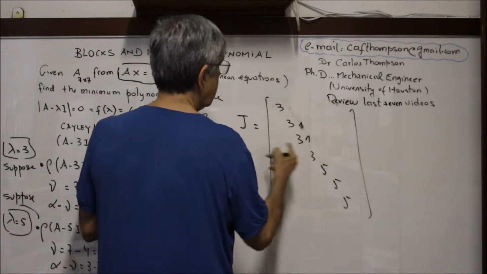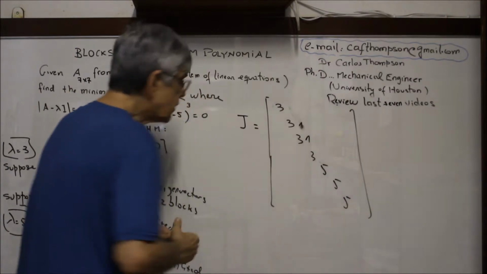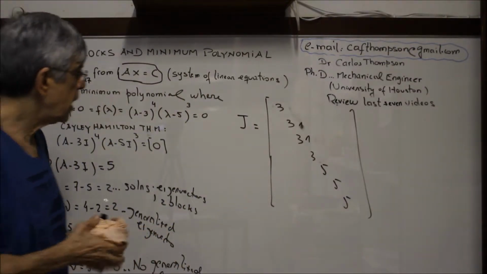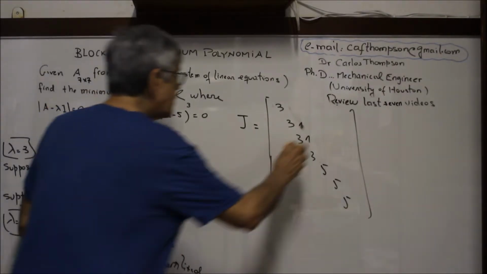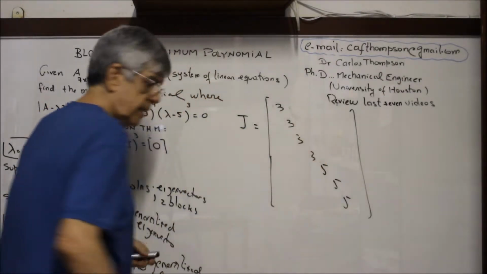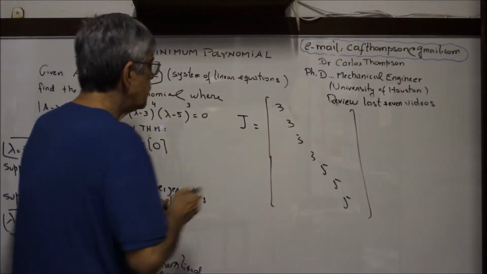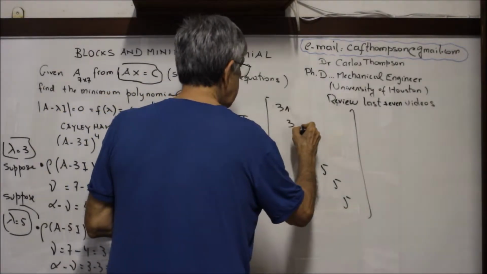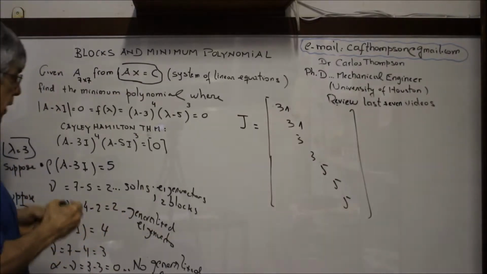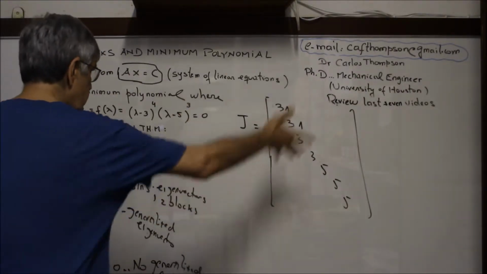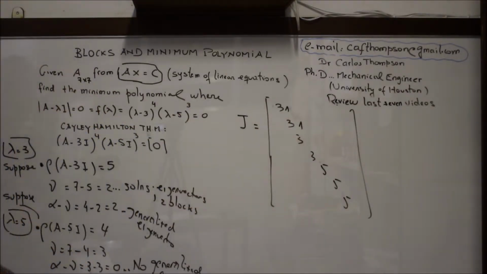Now let's do this. I have 4 here and 3 here. Now let's get this one. I'll put one here and one here, just 2, okay? Then I'll discuss the other possible J.